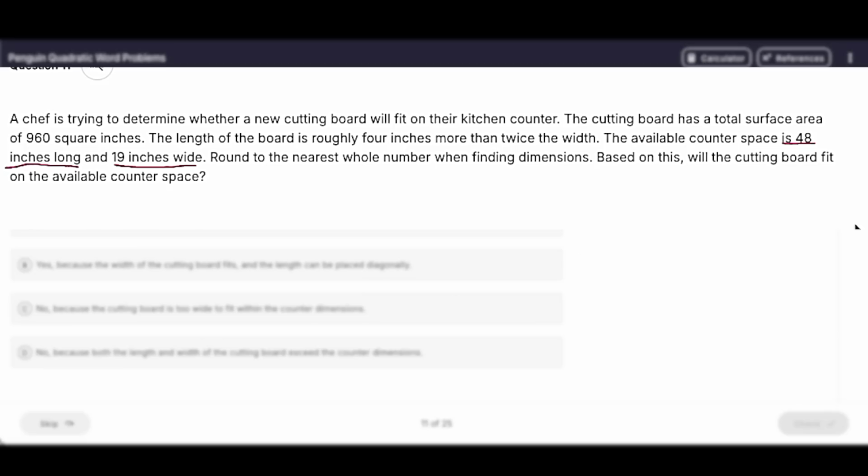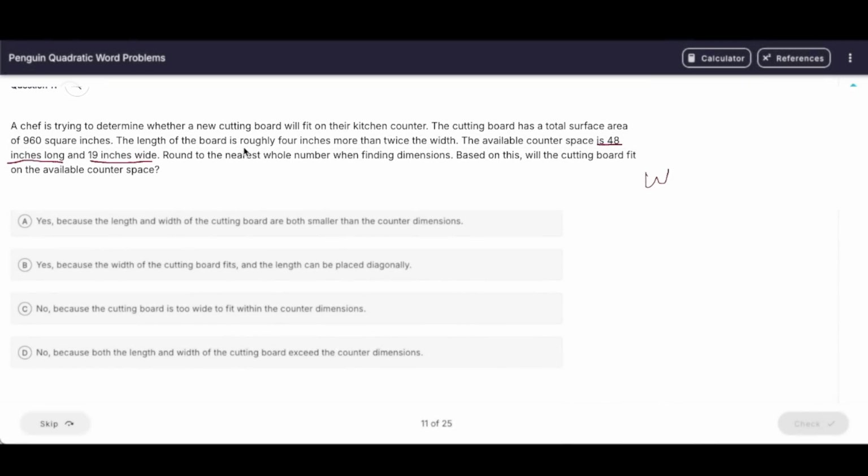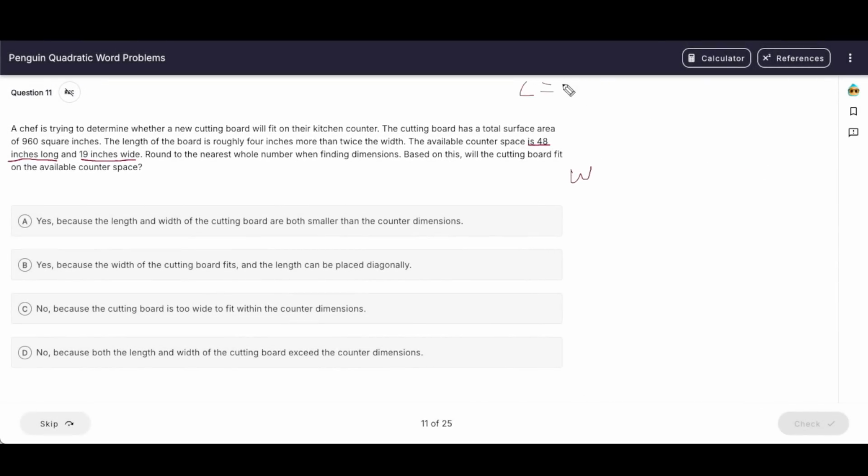If the width is W, then the length would be 2W plus 4, because that's twice the width and 4 inches more, right? And if the area is 960, since length times width is area, we would have this times width, which would be equal to 960.